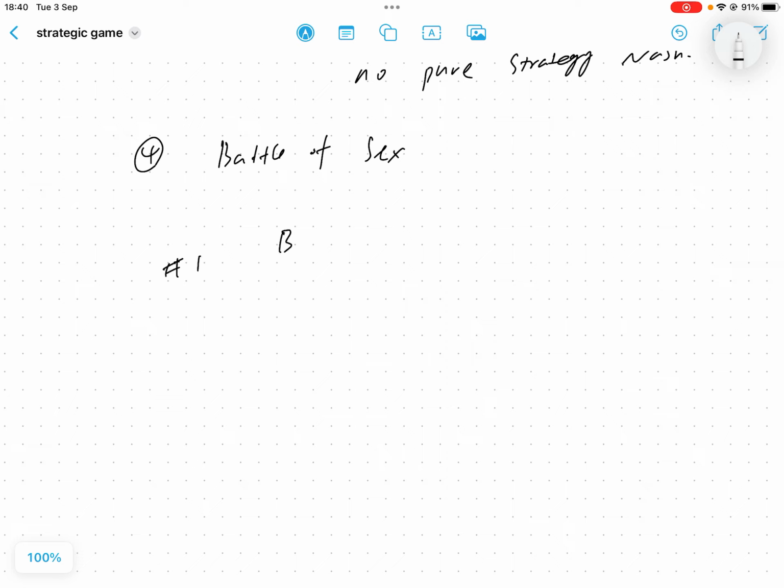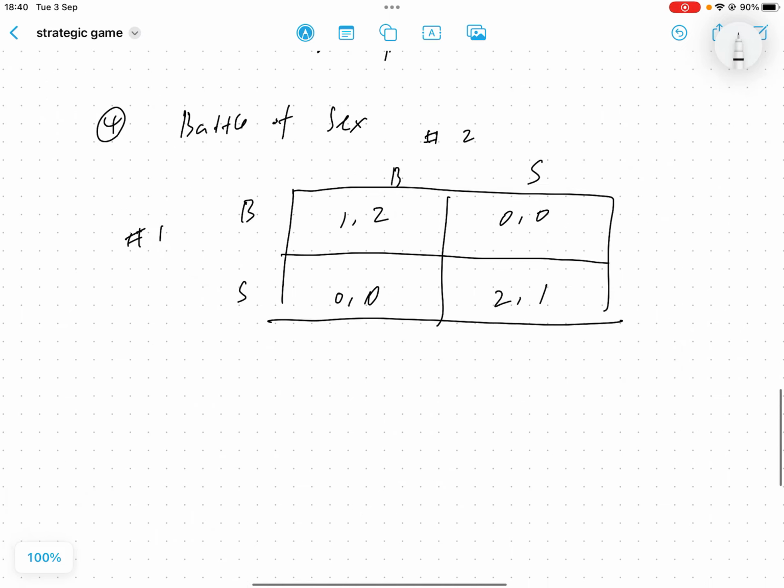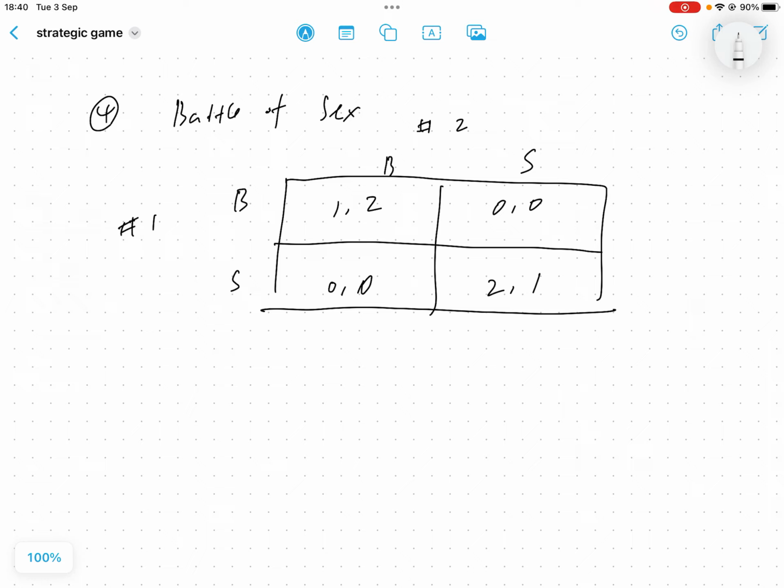They can choose either B or S, and player 2 could choose B or S. If they match, then they get a positive utility. If they do not match, then they get zeros. Let's say B and B gives 1 and 2, S and S gives 2 and 1. Otherwise, they get 0 and 0. And similarly, as what we did previously, we can see that those two are the Nash equilibria for this game.